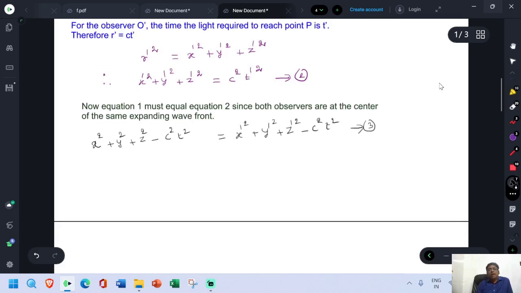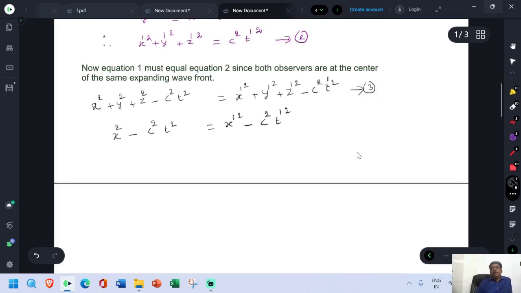Therefore, y square is equal to y dash square, z square is equal to z dash square. Then the above equation 3 is modified as x square minus c square t square equal to x dash square minus c square t dash square. Say this is equation number 4.